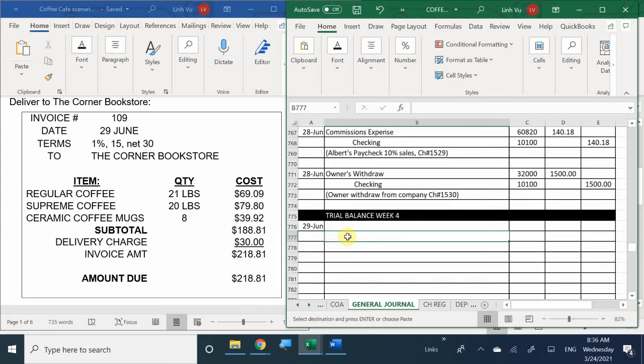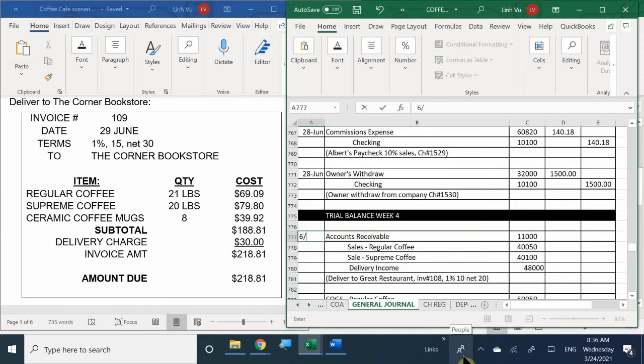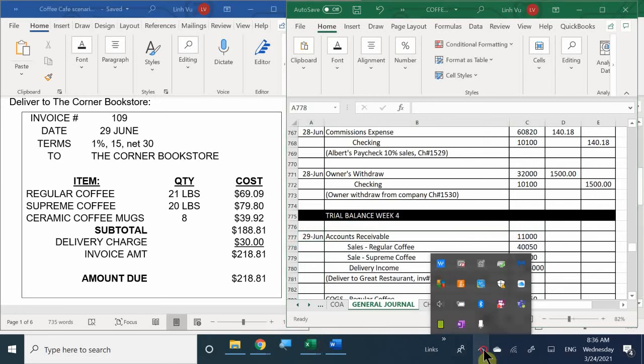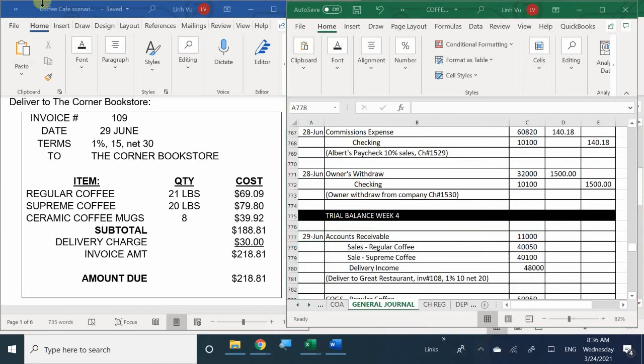I'm going to skip a line. So 629. Okay, so what do we have here? What was our sales for the regular coffee? 69.09. All right.